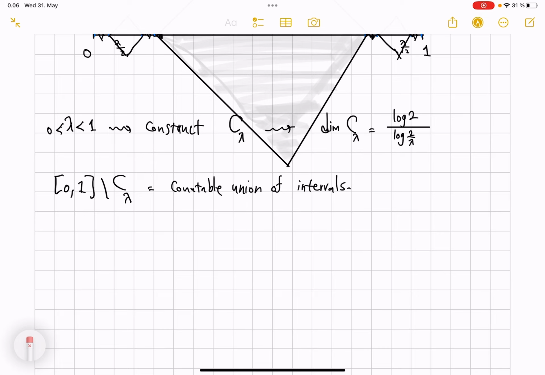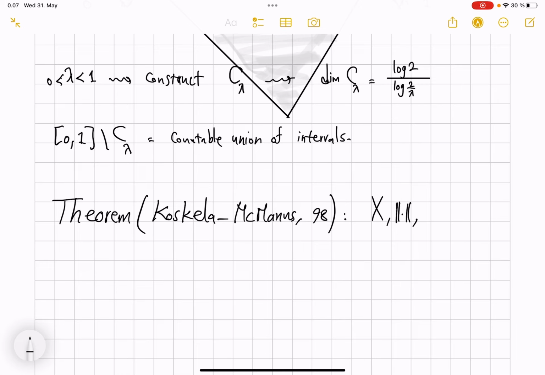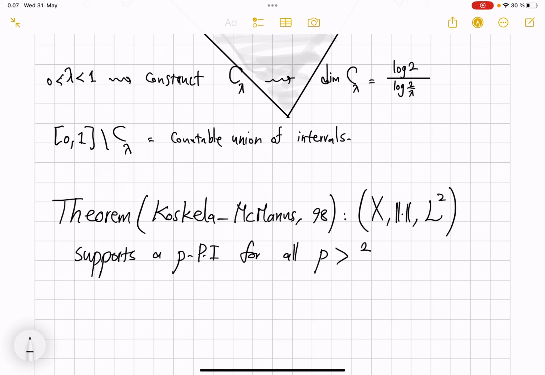What Koskela and MacManus prove, and I will show you the paper at the end, from 98, is that this space with the inherited Euclidean distance, and with the Lebesgue measure restricted to it, supports a P-Poincare inequality for all P strictly bigger than (2 minus dimension of C lambda) divided by (1 minus dimension of C lambda), which is some P0 bigger than 2.